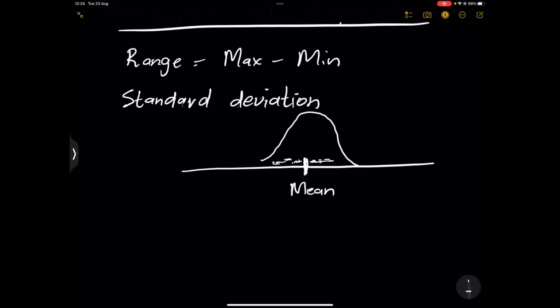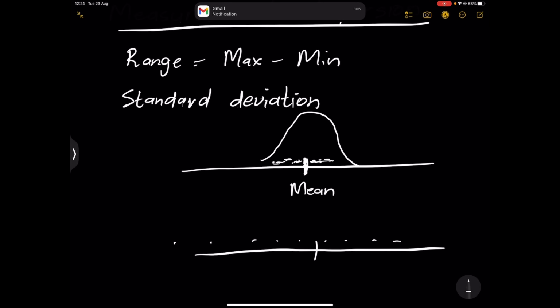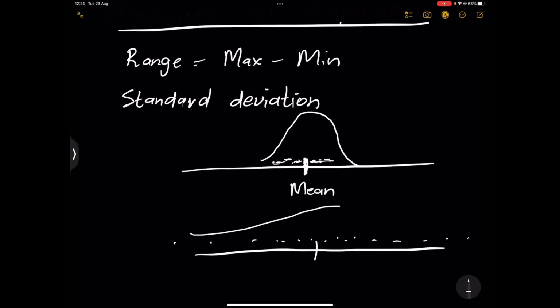But now, say there's our mean, but you've got data points all over the place. Your data points are quite widespread. It means that you've got quite a spread of data, so as a result, your standard deviation would be high.